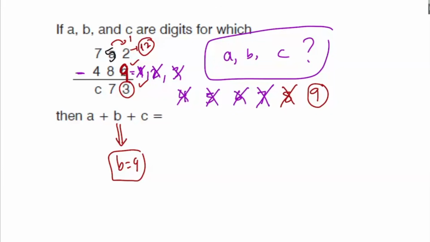If A is 5, then you borrow one from the 5 and it becomes 4, right? And there's 7 and 2 next to it. 2 minus 7 equals 5. Do you think that is going to work? 5 is not really working, right? What about 6?